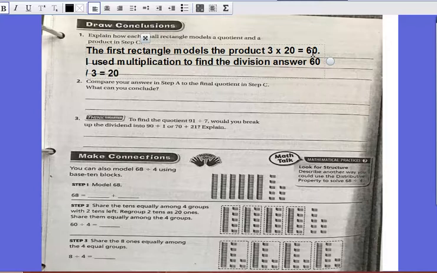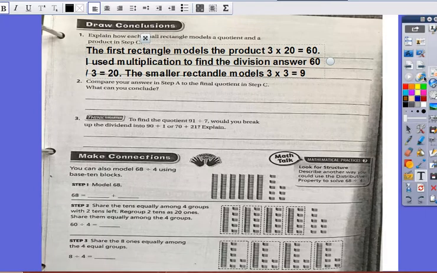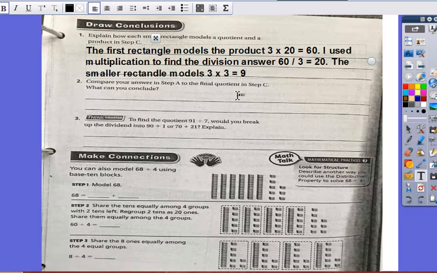That was 20. Then the smaller rectangle models 3 times 3 equals 9, and 9 divided by 3 was 3. If you want to shorten that up a little bit, you're more than welcome to.